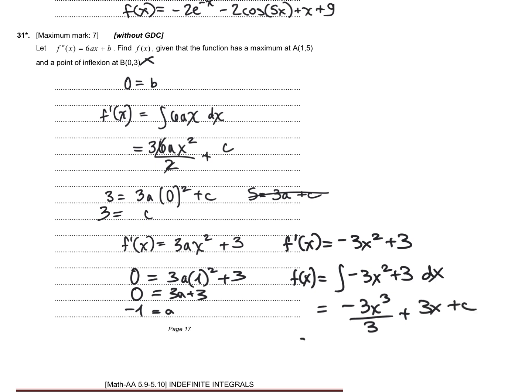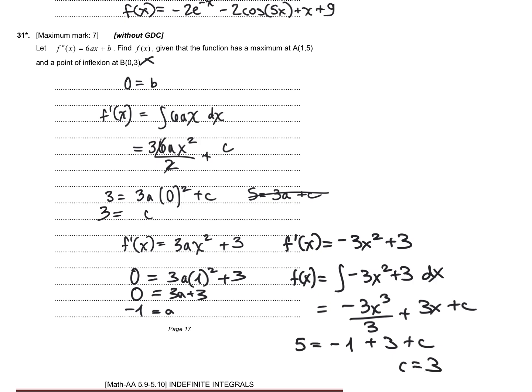And we can use this, or 0, 3, that's fine too, to find c. So if x is 1, it's going to be negative 3 over 3, which is negative 1, plus 3 plus c. So that's negative 1 plus 3 is 2, minus 2, so c is 3.